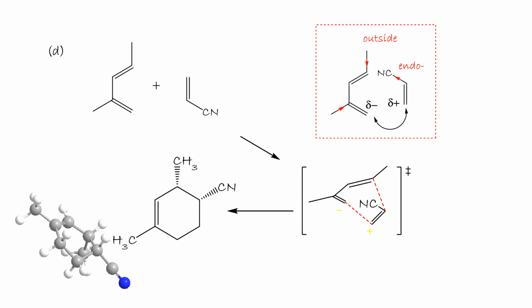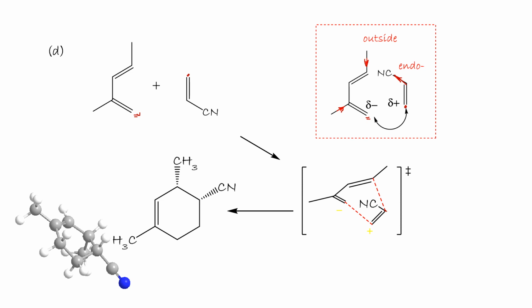When we have this molecule, this methyl group is pushing, so the electron density will be higher on that carbon. Cyano is electron withdrawing group, deficiency on here higher. So we have to get these two together, this and that. But remember that you have to put the cyano in endo.